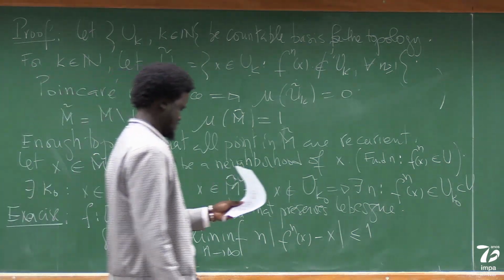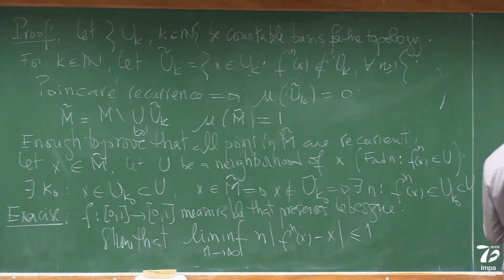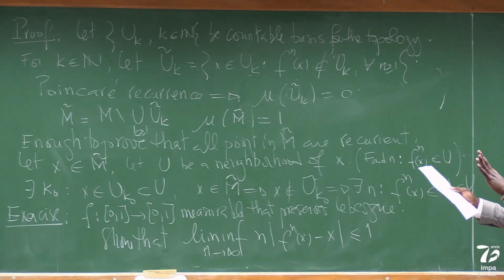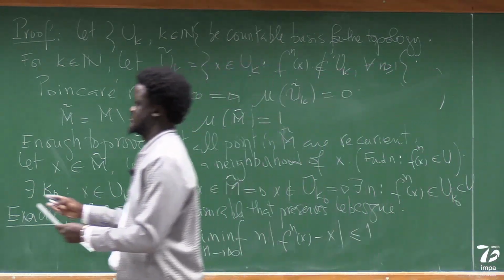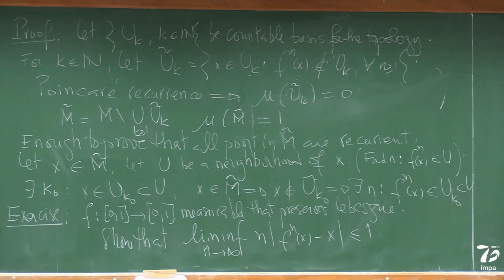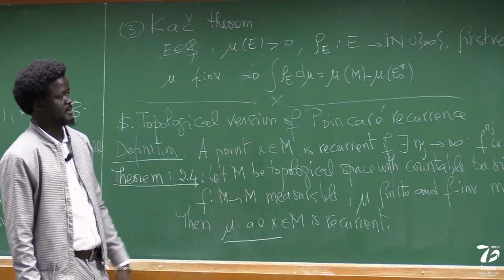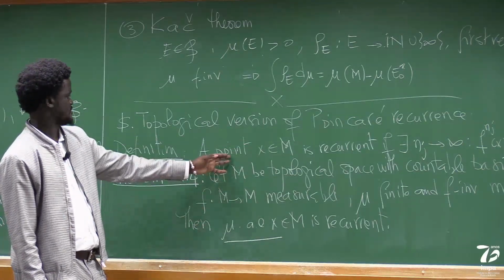I should mention that there is a Birkhoff recurrence theorem, because the recurrence here doesn't use any measure. It's just a topological property. It doesn't require any measure structure to define it.